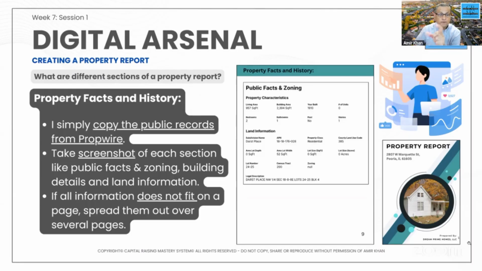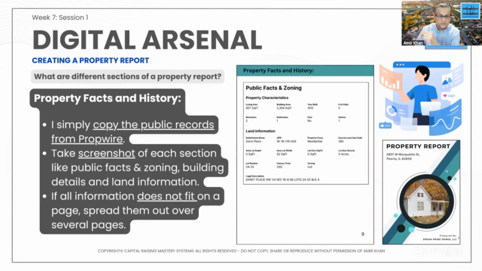Then I have public facts and history. I basically grab this from PropWire. You can use some other sources if you like, but I like the way it gives me the format. I simply copy and paste. So I take screenshots from a PropWire report, and then I just put it in there.